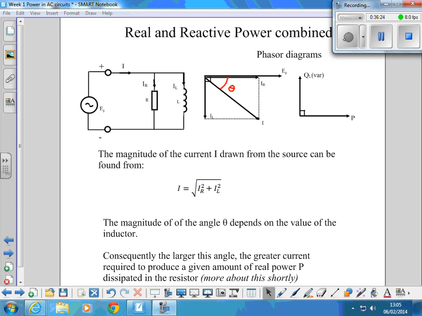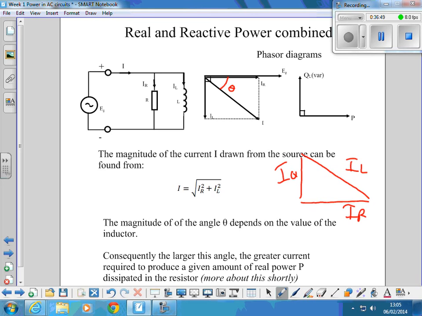So we've got a triangle situation here, where we've got an in-phase current, IR. We've got an out of phase, 90 degrees out of phase current, IQ. And we've got a line current, IL, that is the hypotenuse of a right angle triangle.